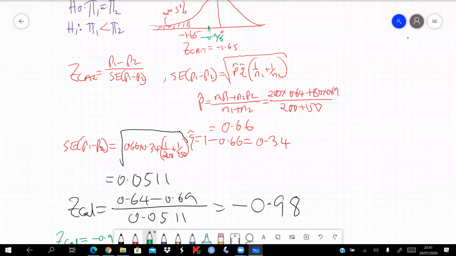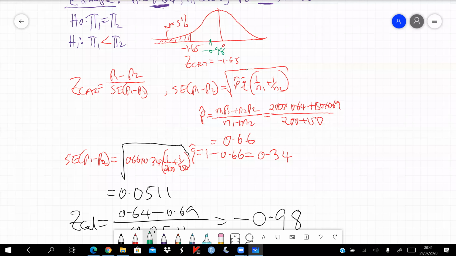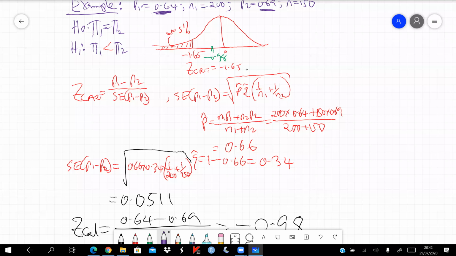So what is the conclusion? Is there an increase or not? There is no increase. Let me mark what we have done: I've put a tick somewhere and an X on the other part.